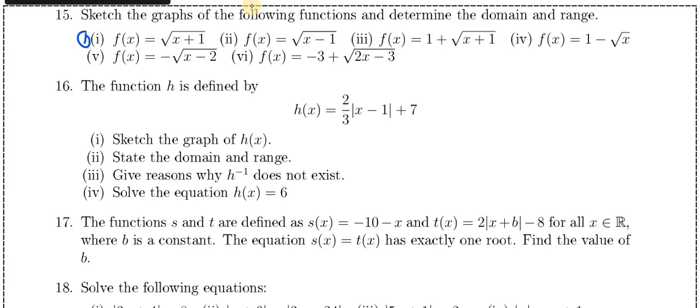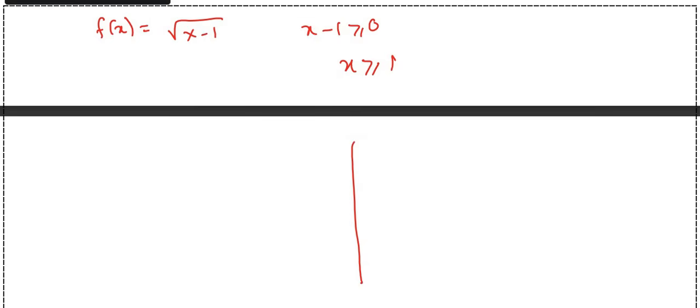The same applies to the second one. f of x is equal to the square root of x minus 1, meaning x minus 1 is greater than or equal to 0. So x is greater than or equal to 1, meaning we're standing on 1 and then going like this. The domain is all numbers greater than 1, from here going this side.